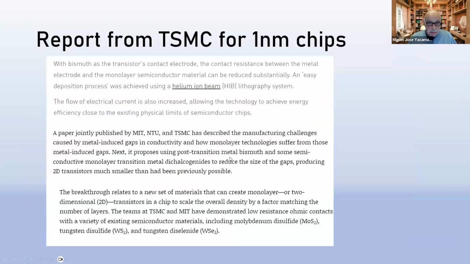Now, this was an announcement by Taiwan Semiconductor about this technology, and they are using bismuth for a contact electrode, which is absolutely important. But they produce the bismuth using a helium ion beam lithography system, like the one we are going to have in our facility, with lithography using the ion beam.